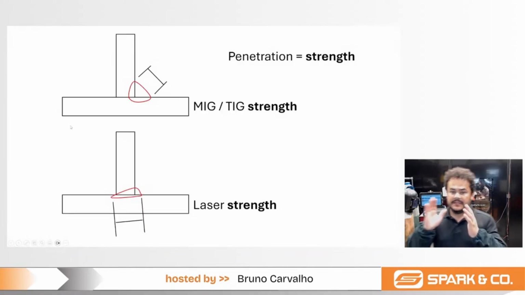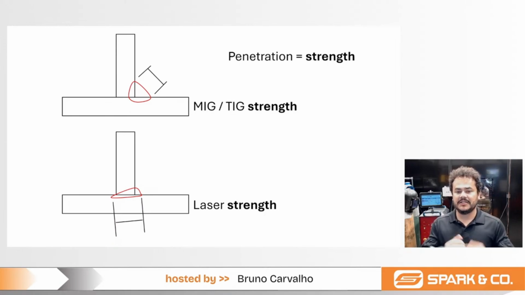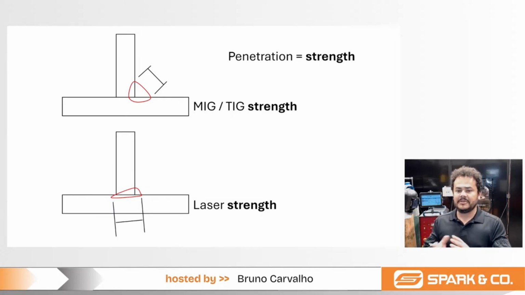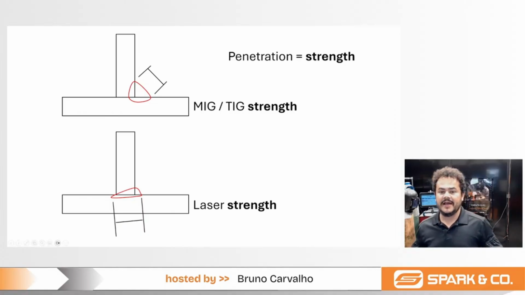Now, this is the main issue that we have when someone says that the laser weld is not strong enough or doesn't compare with MIG or TIG. If that's happening to you, it's probably because the weld angle, or the adjustments on the machine, are not proper. Here on the side, you have the drawing on the presentation.